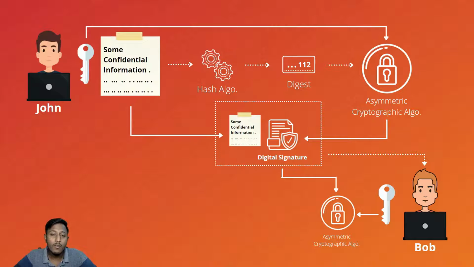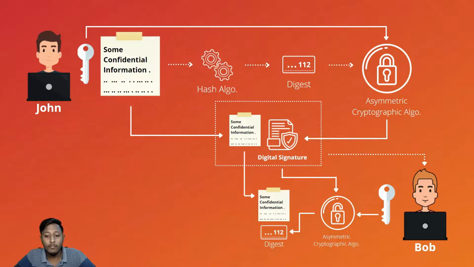If he is unable to, then it's clear the message and digital signature weren't sent by John. If he is able to decrypt it, he obtains the digest, and then he will check the integrity of the message.